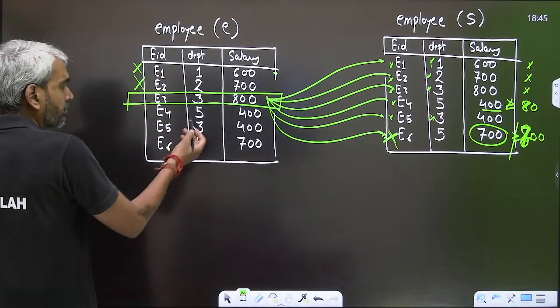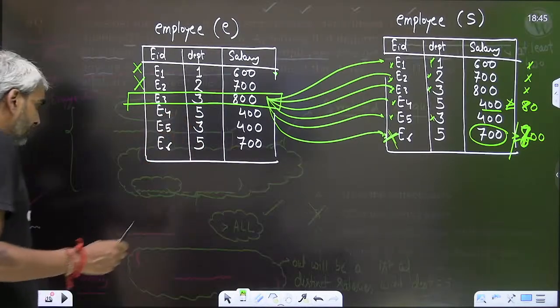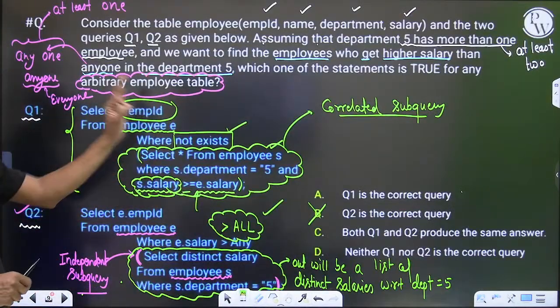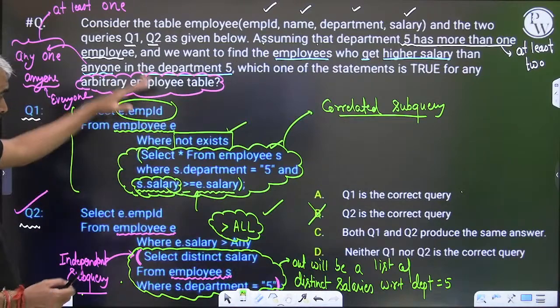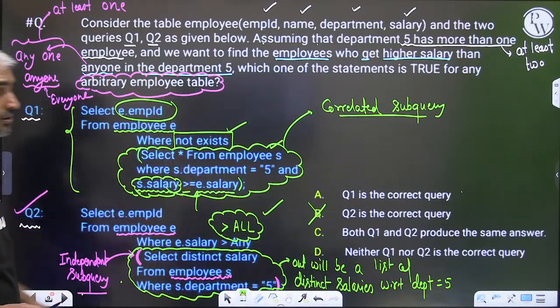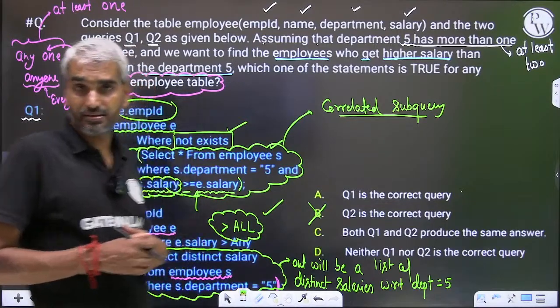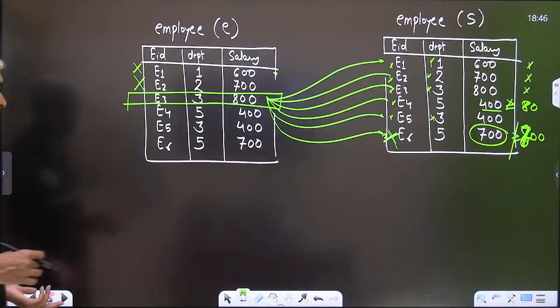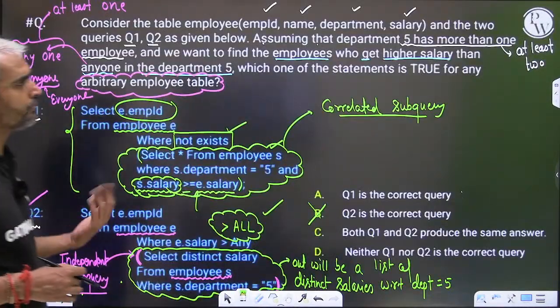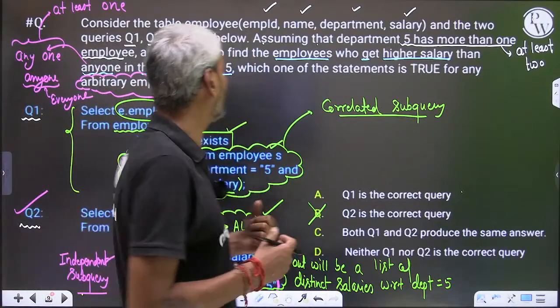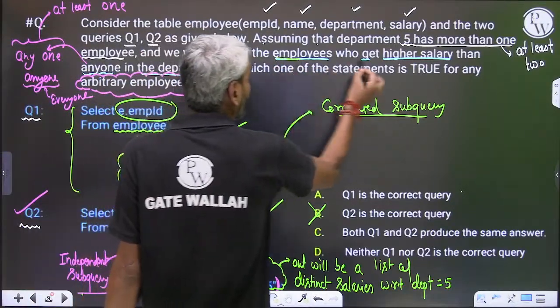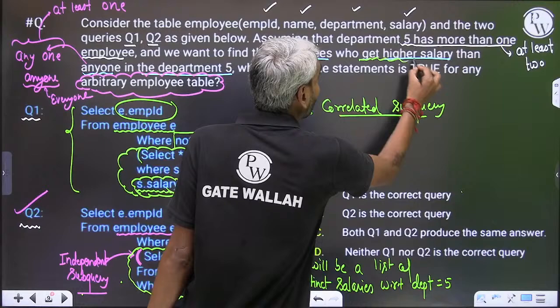So with respect to this, what will happen? With respect to this particular query, no employee of department 5 can be selected. Why? It's obvious that no employee of department 5 should be selected, because we are saying to find the employees who get higher salary.